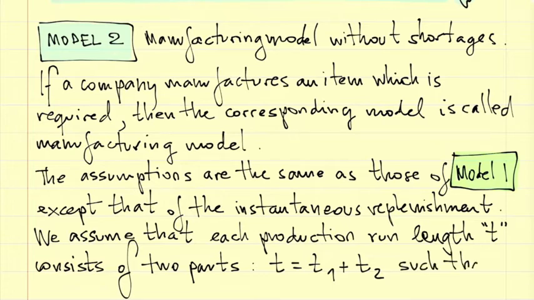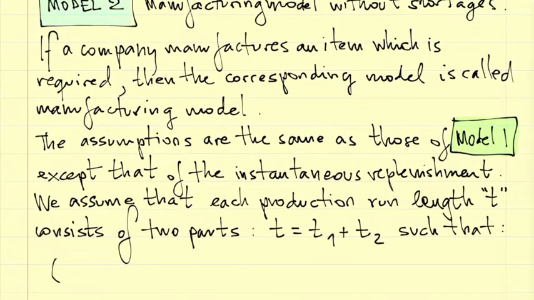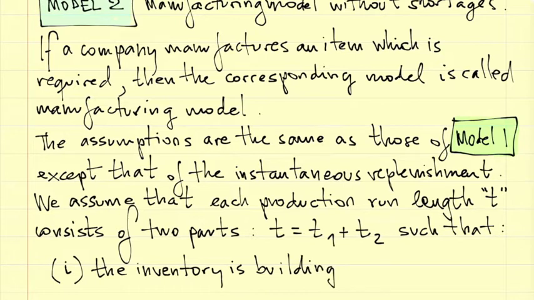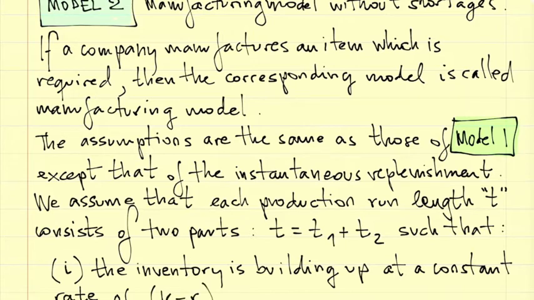such that the first one, the inventory, is building up at a constant rate of K minus R. I explain later on what all this means, these parameters. Units per time unit during T1.